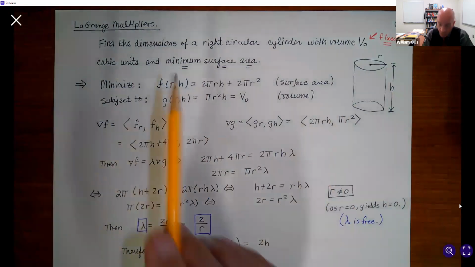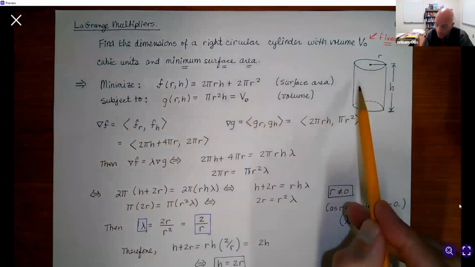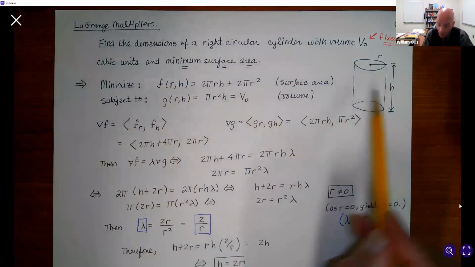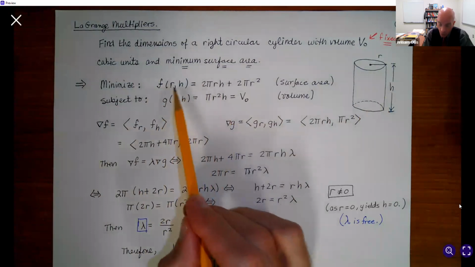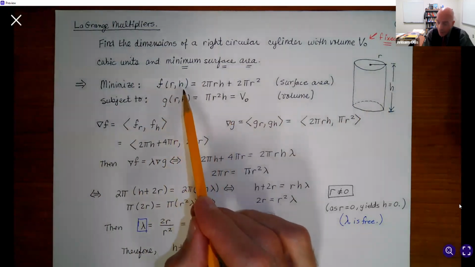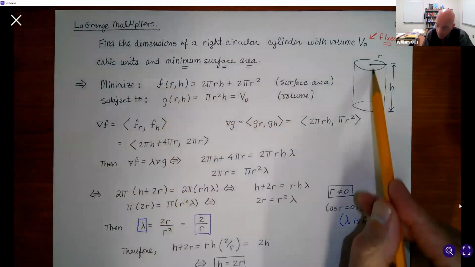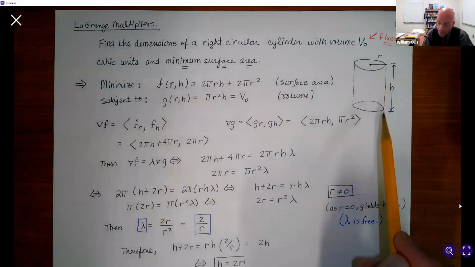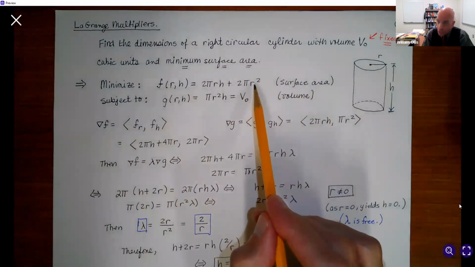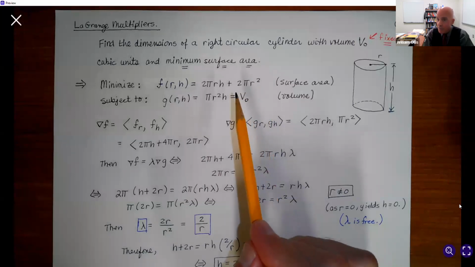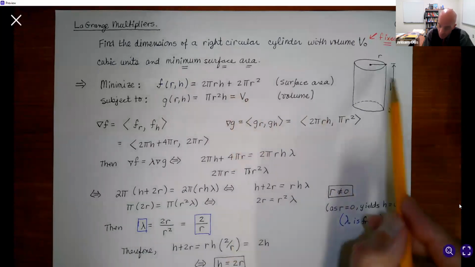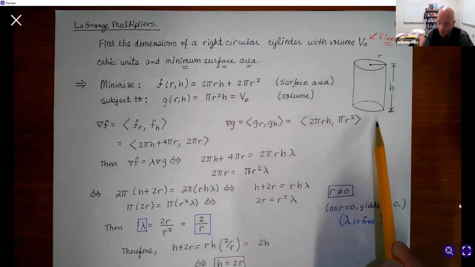When we want to minimize the surface area, the lateral area, as we know, is 2 pi RH, where R is the radius and H is the height. And then, of course, the top and the bottom are just circular discs. So we get 2 pi R squared, that is 2 copies of the area of the circle. So that gives us the actual surface area.